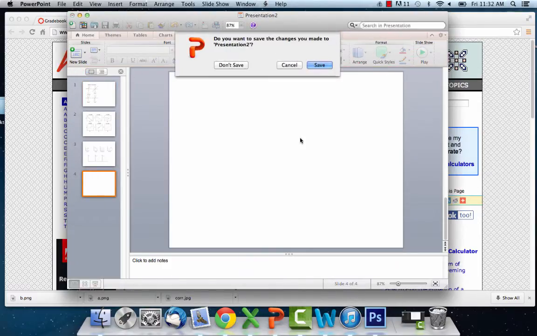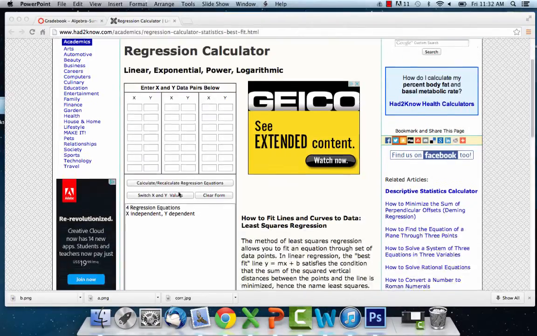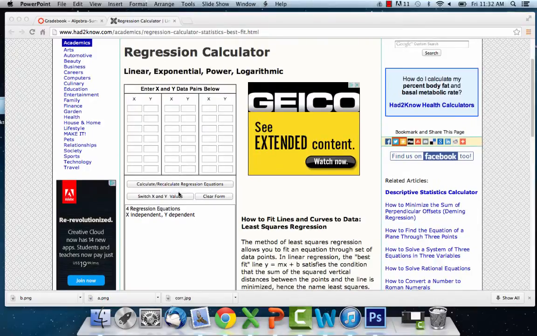So now I'm going to go to this regression calculator, and I'm actually not going to use the one that does quadratics only, because while it gives a lot of information about how you calculate things, it doesn't actually ever give you R, as far as I can tell. So we're just going to stick with this regression calculator for now.